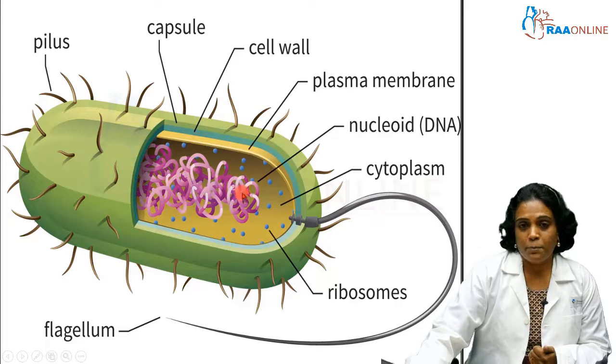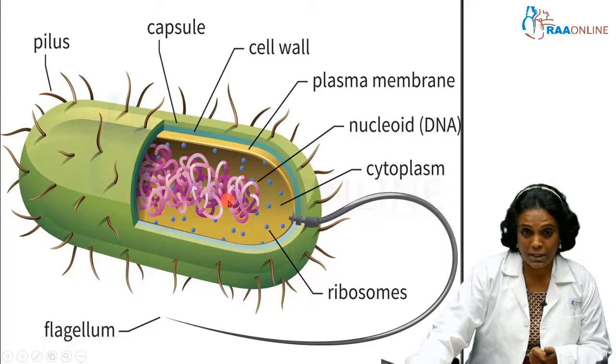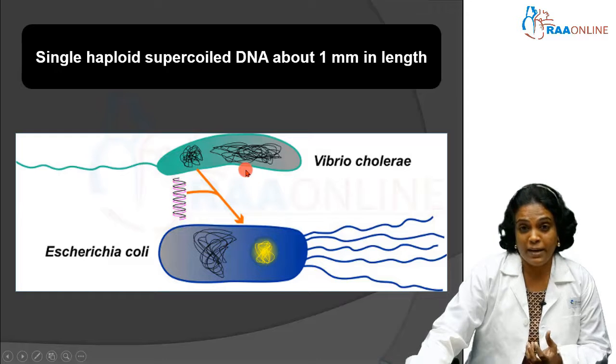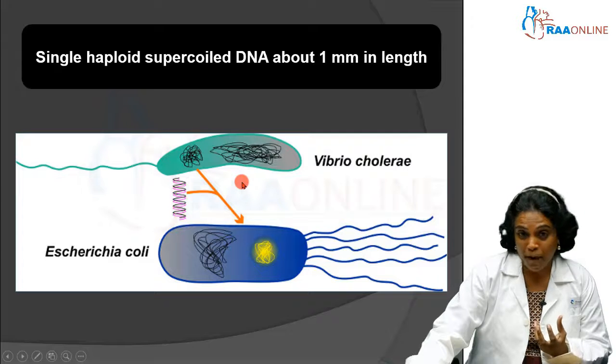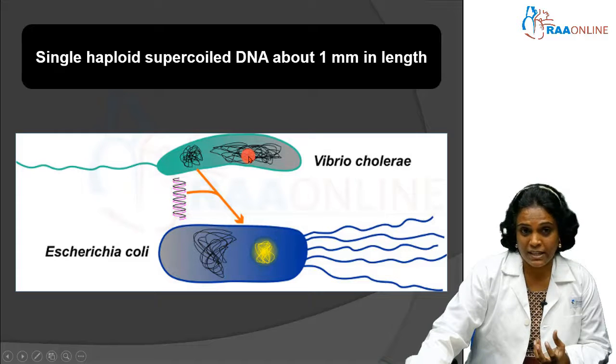Since bacteria is a prokaryotic cell, it doesn't have a proper nuclear membrane, so the bacterial chromosome is irregularly placed inside the cytoplasm, and it is called the nucleoid. The size of this bacterial DNA, or the bacterial chromosome, is 1 millimeter in length. We all know the size of the bacterial cell is micrometer size, so the bacterial chromosome is supercoiled in such a way that it gets accommodated inside the micrometer-sized bacterial cell.